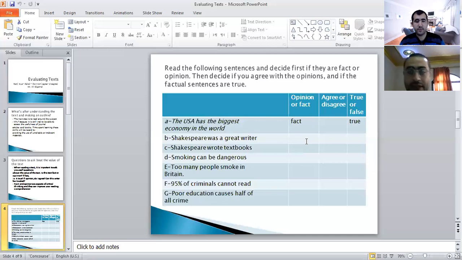Yes, absolutely. So for Shakespeare was a great writer, this is a fact, I think, and it's true, I think. If you say a fact, you should have some data, some observation, real data about this topic.